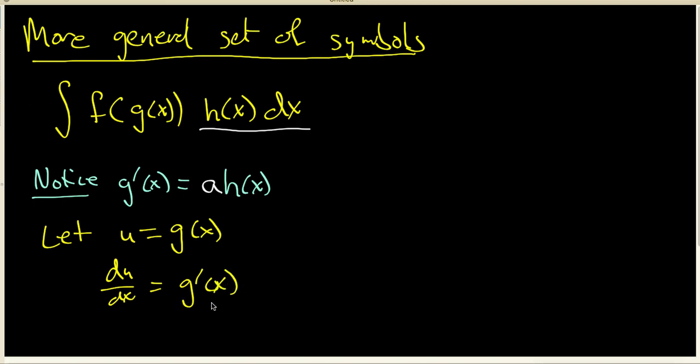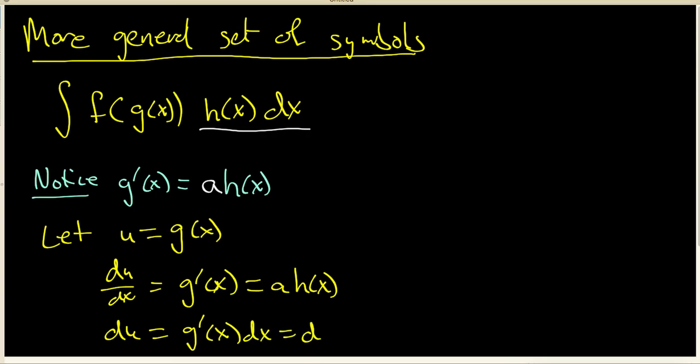I will notice that this is equal to a times h of x. And I will notice that du is equal to g prime of x times dx. Let me make my notation clearer because I have converted to differential notation: this is actually a times h of x dx.